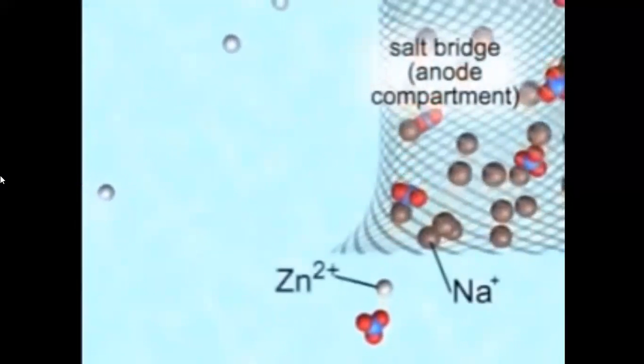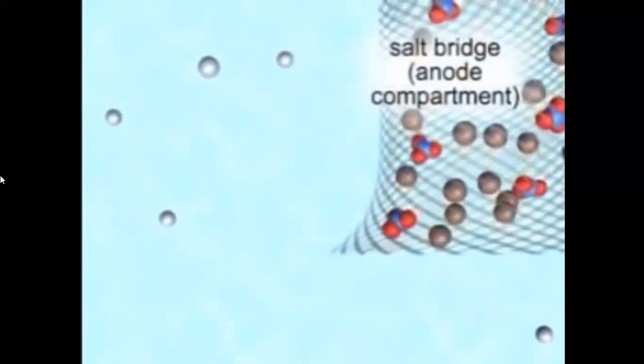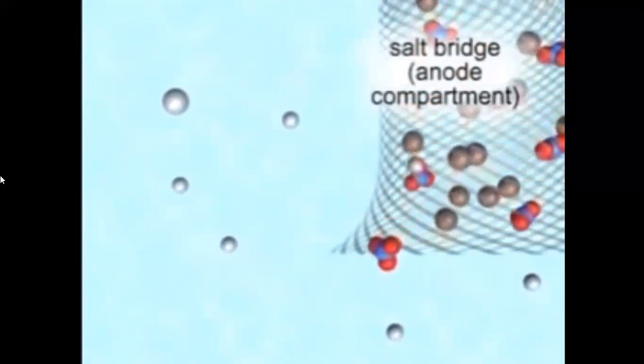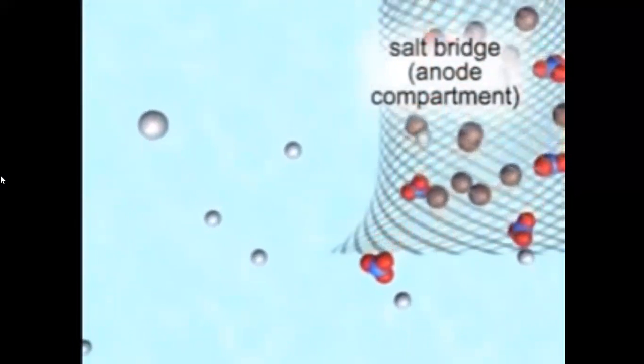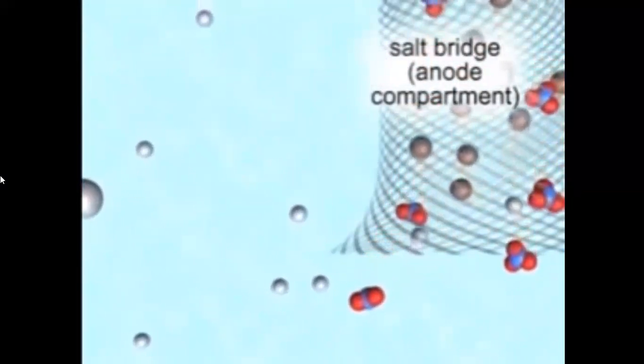Now our salt bridge is full of sodium nitrate. So some of the nitrate ions we can see coming out of that bridge into the anode compartment, because we're making more zinc ions, so we're making more positive charge, we need to add more negative charge to keep a charge balance. Some of those zinc ions also might actually go into that salt bridge to help maintain that charge also.